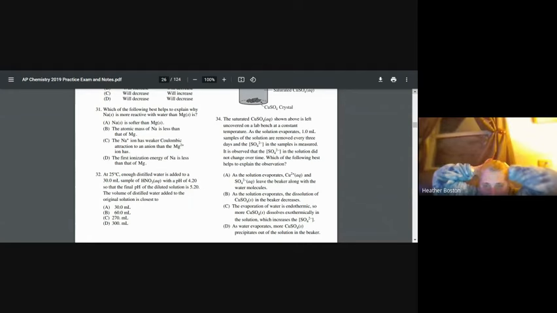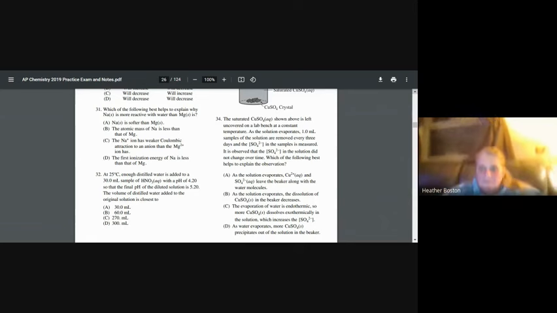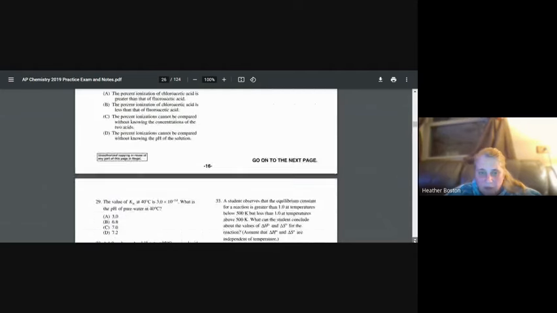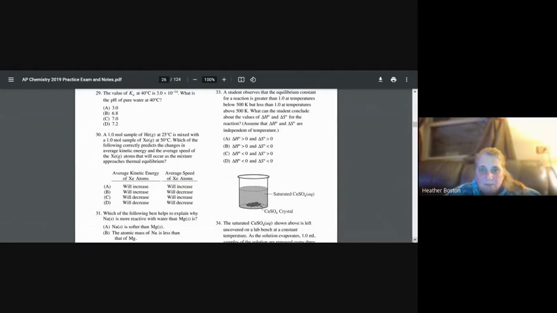All right, so, let me see this picture. Oh, that's for the next one. Okay. The equilibrium constant is greater than 1 at temperatures below 500. This is another one where delta G equals delta H minus T delta S, so we're going to revisit this too.